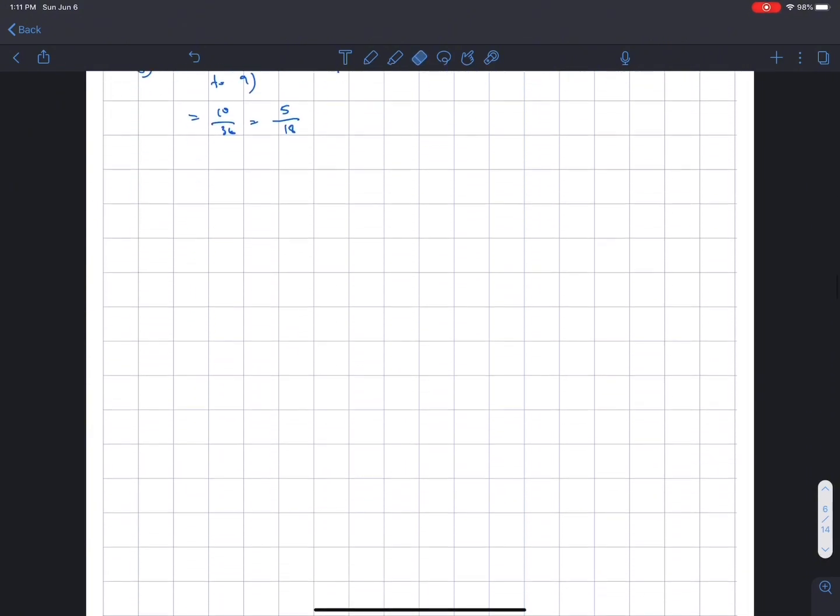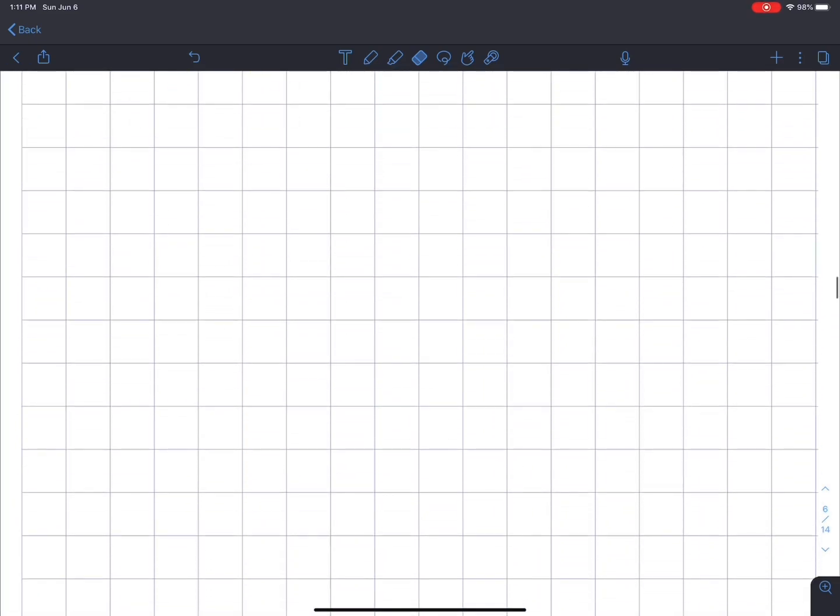Moving on to question 9. A box contains 5 tickets numbered 1 to 5. If one ticket is selected, find the sample space. Well, the box has 5 tickets numbered 1 to 5, so 1, 2, 3, 4, 5.